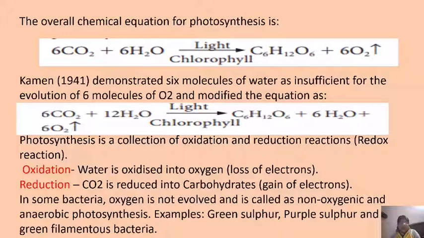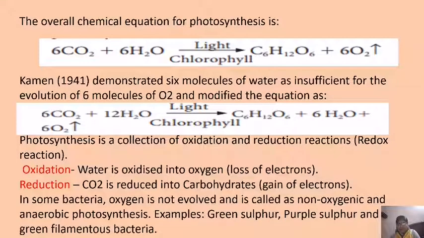Okay, so what do we find? That in some bacteria oxygen is not evolved, and they are called non-oxygenic photosynthesis. We have talked about it when we were dealing with bacteria. There are certain bacteria like green sulfur bacteria, purple sulfur bacteria.